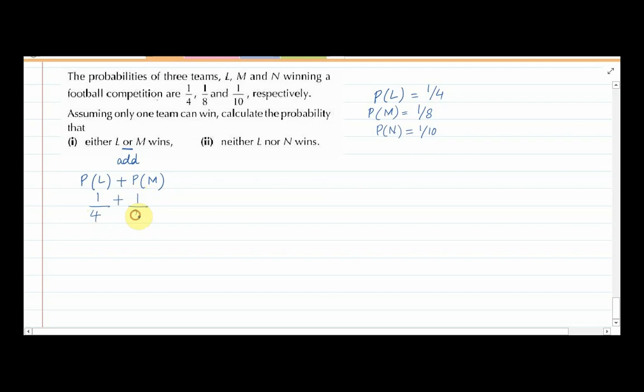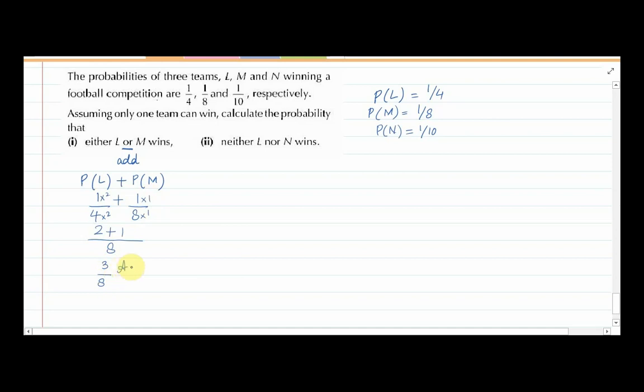Now you need to take the LCM first. So the LCM of 8 and 4 is 8. So you need to multiply 4 by 2 and 1 by 2 as well. So 2 times 1 is 2 plus 8 times 1 and 1 times 1, so it will be 1. The final answer will be 3 divided by 8.